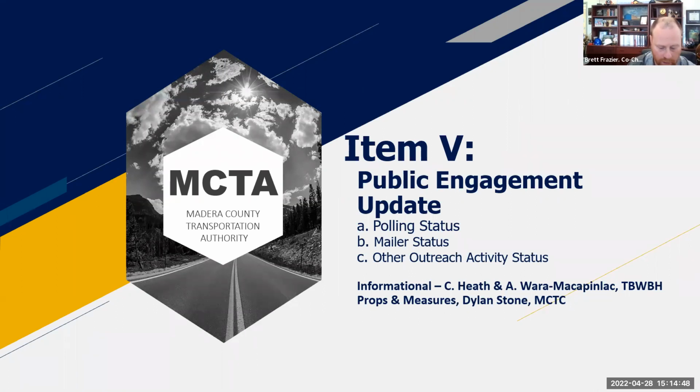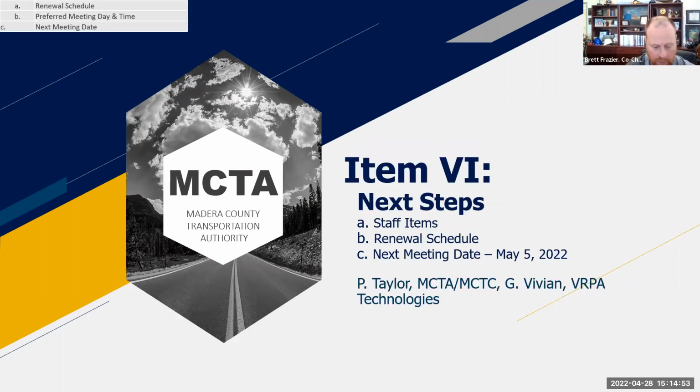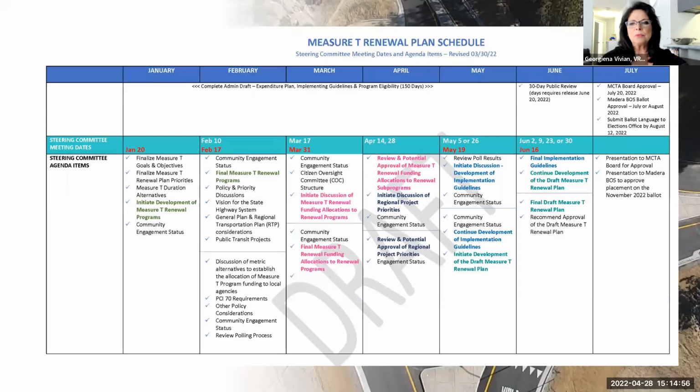All right. Next item. The next item, staff items, we have the schedule. Right now we are showing today's review of the potential regional project priorities. Of course, we approve the allocation funding as well. At the next meeting, as mentioned by Alex, we're looking to review the poll results, to bring back these regional priorities on May 5th, and to potentially initiate discussion of the implementing guidelines.